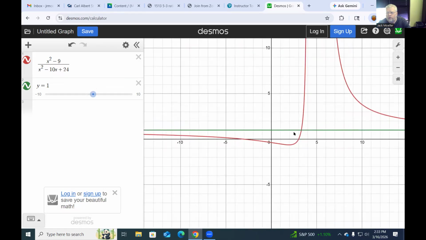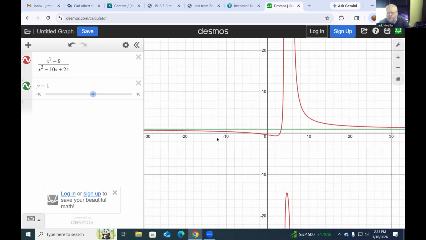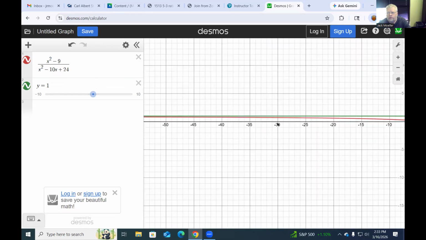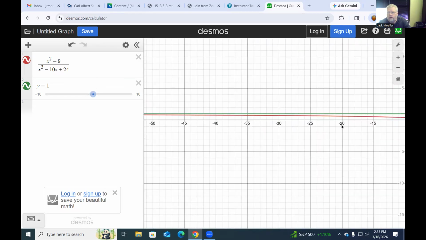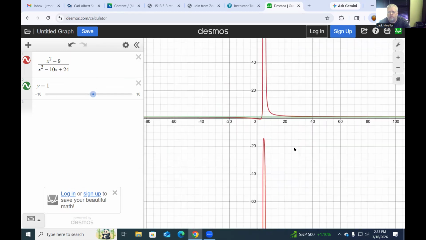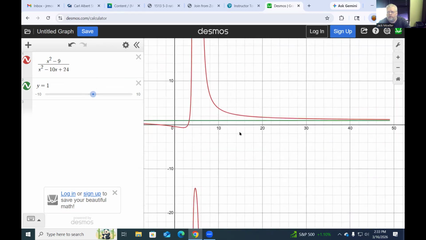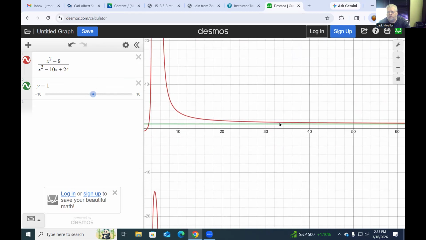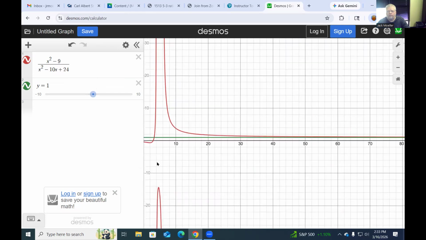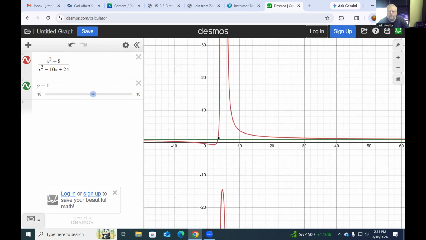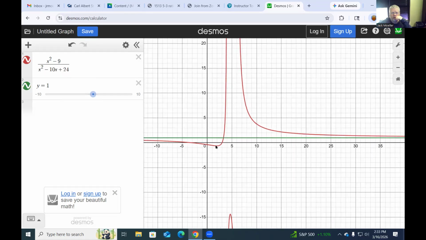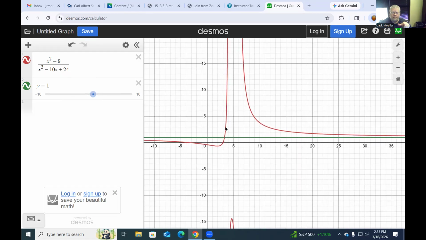And so notice it did cross the horizontal axis, but as we go to negative infinity, the red line, which is our graph, is getting closer and closer to the horizontal line of y equals 1. Same thing over here. As x goes to positive, we're getting closer and closer to that line. Like I said, sometimes we can cross the horizontal asymptote near our vertical asymptotes. So that's when the degrees are the same.